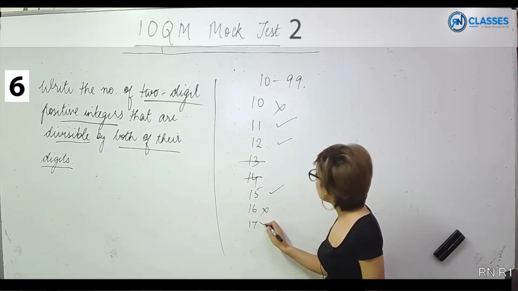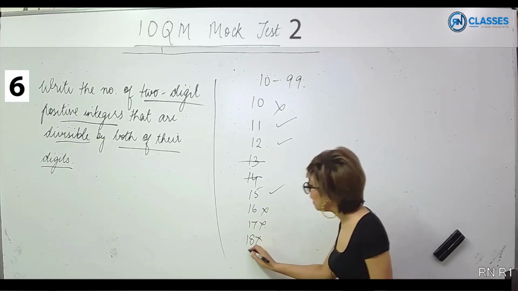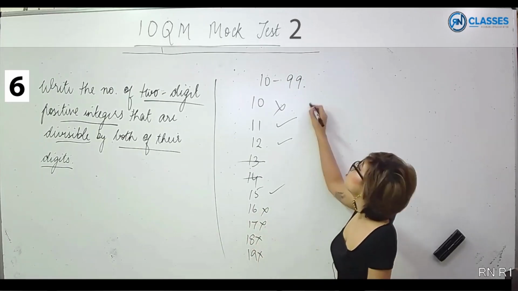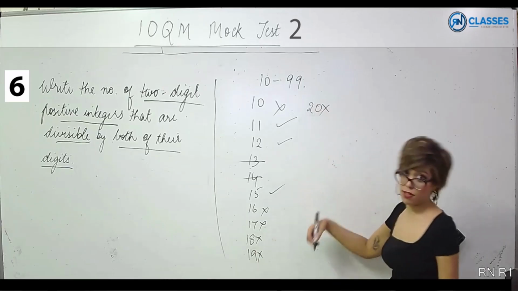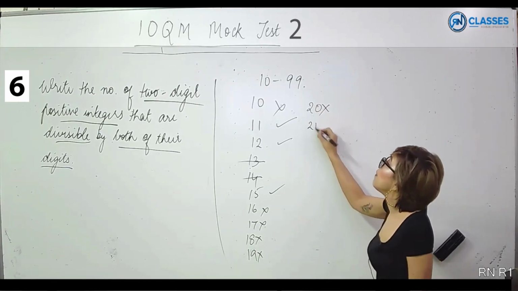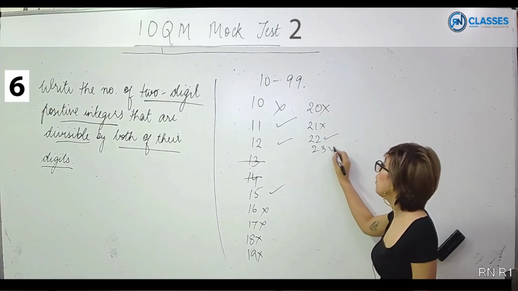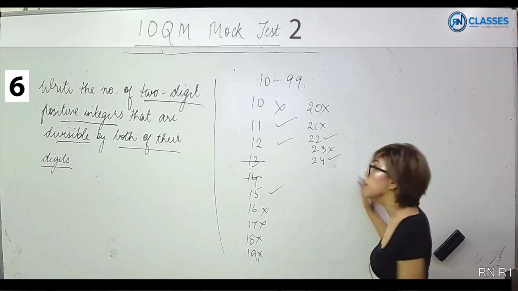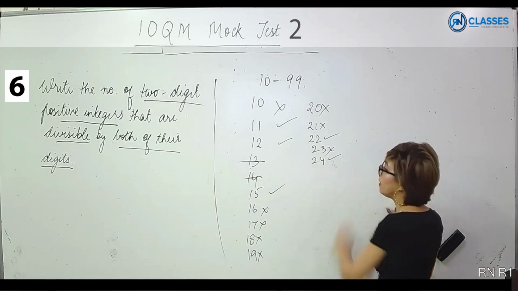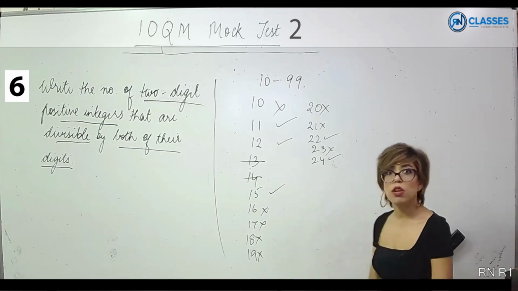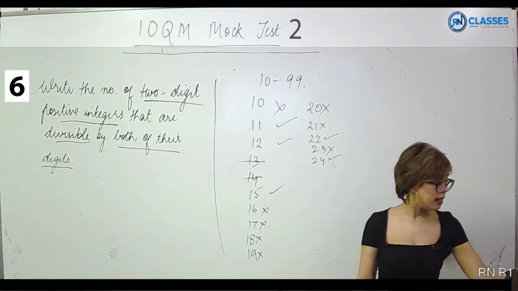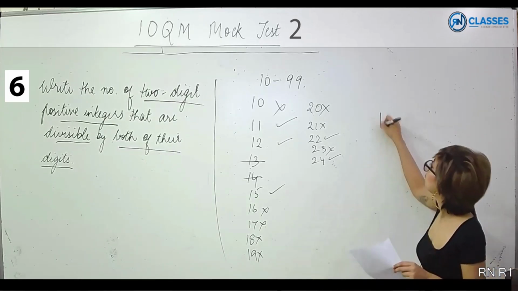Then 17, of course not. Then 18, of course not. 19, not a chance. 20, not even considered. Then 21, no. 22, yes. Then 23, no. 24, yes. Divisible by 2, divisible by 4, that is why. Just exhaust the cases and you will get the answer as 14.